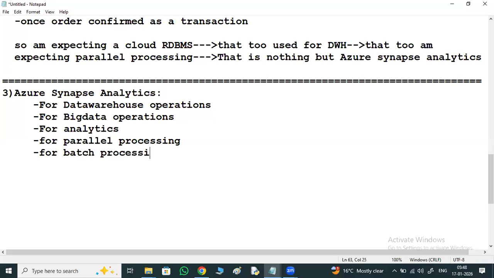Batch processing means millions and trillions of records.